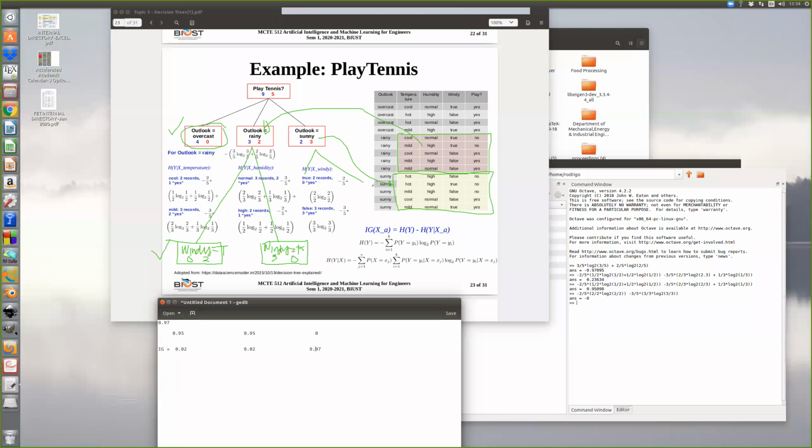Then we continue until you have a definite answer or a definite classification or decision of a yes or a no, or it may be one on one, and then you cannot split them anymore.